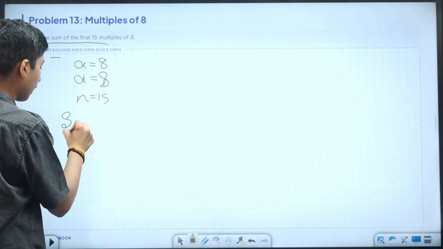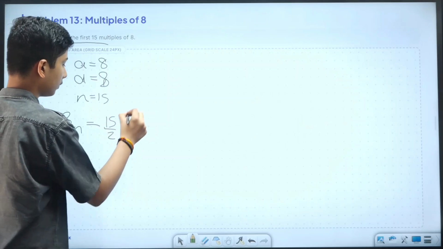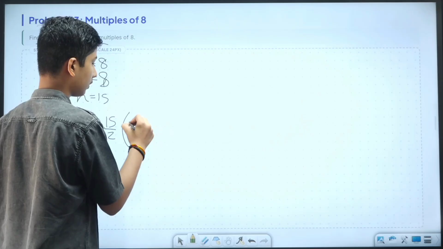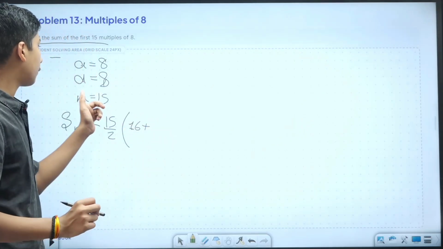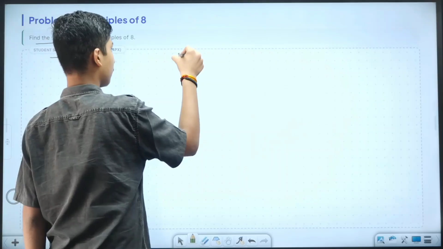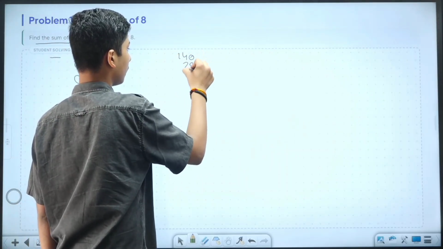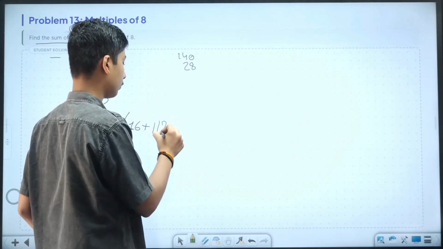So Sn will be n by 2, 15 by 2, 2 into a, 2 8s are 16, plus n minus 1 d, 15 minus 1, 14 into 8, 140 minus 28, 112.